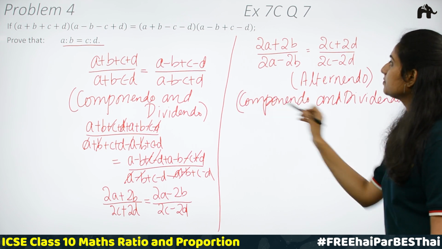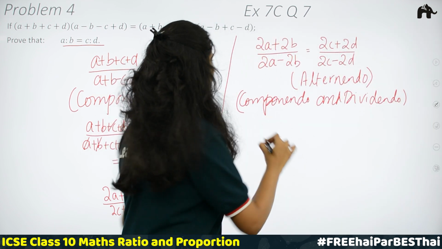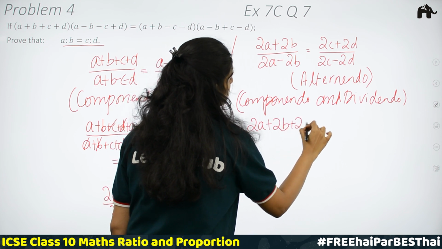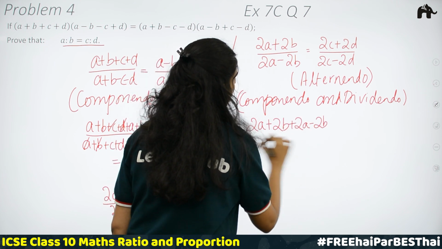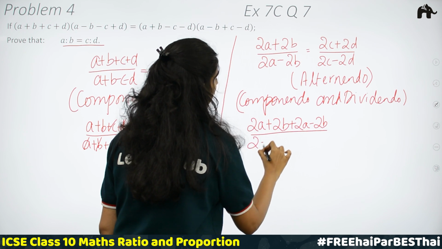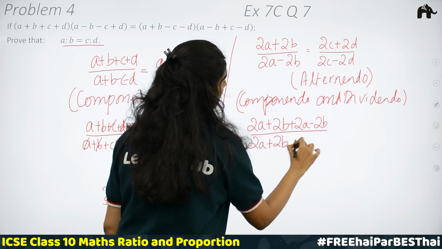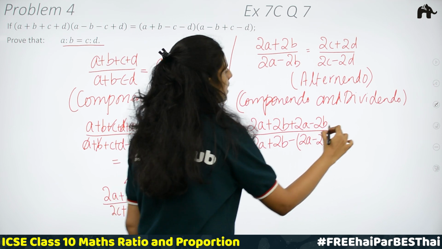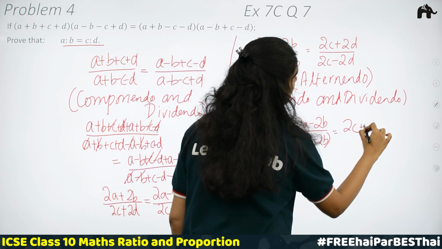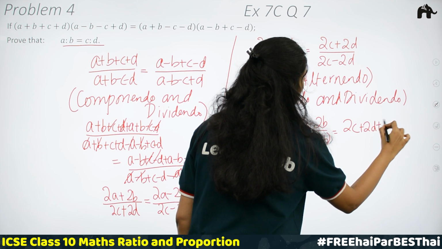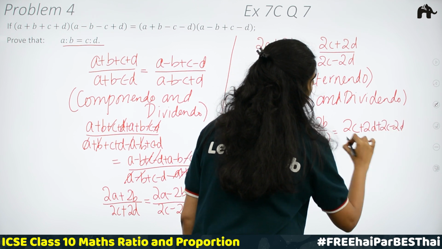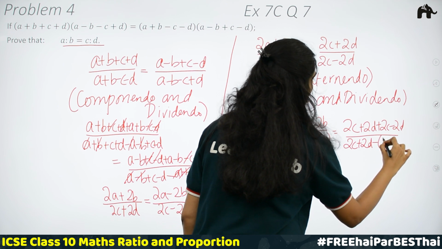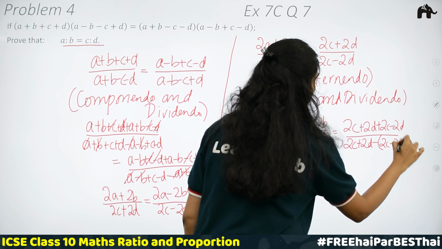we get (2a plus 2b plus 2a minus 2b) divided by (2a plus 2b minus of 2a minus 2b) is equal to (2c plus 2d plus 2c minus 2d) divided by (2c plus 2d minus of 2c minus 2d).